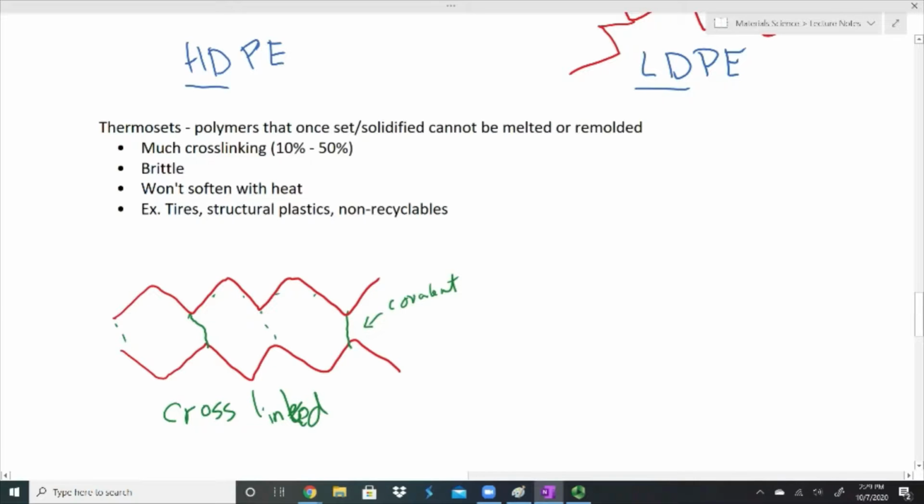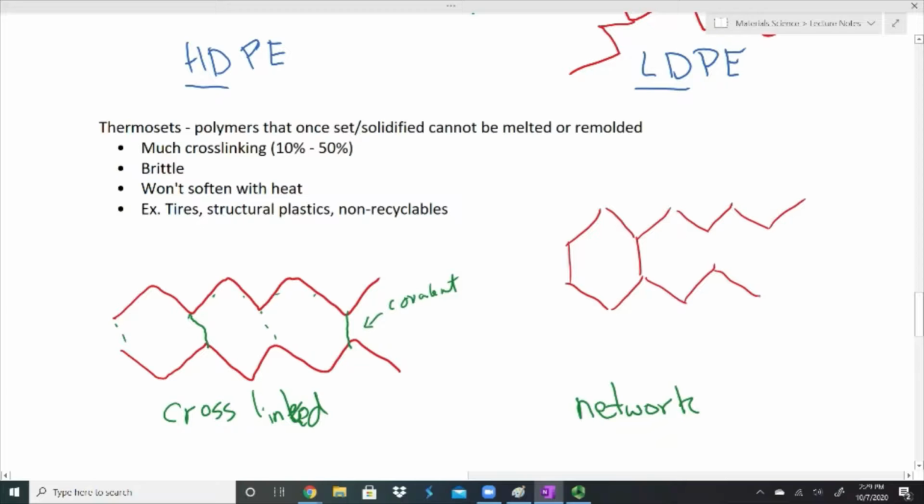And the more cross-linking I get, I eventually end up with a networked material. All a network material is, is one that has a significant number of cross-links. A 100% networked material would look something like this, where I get these polymer chains together, and they link together everywhere.